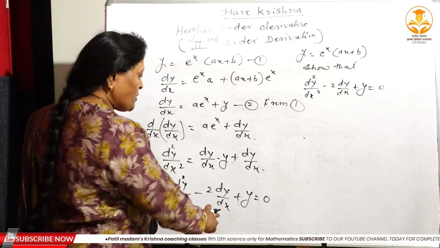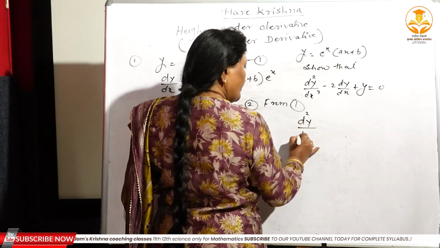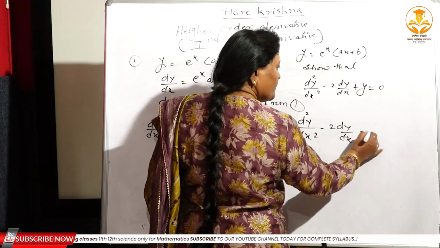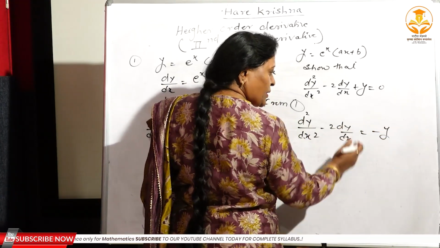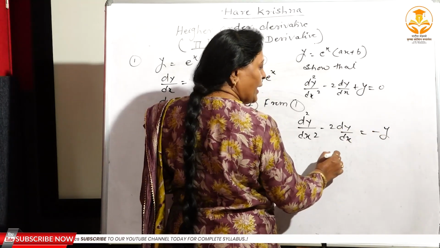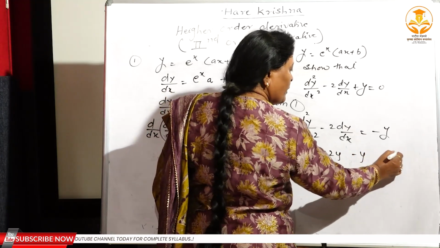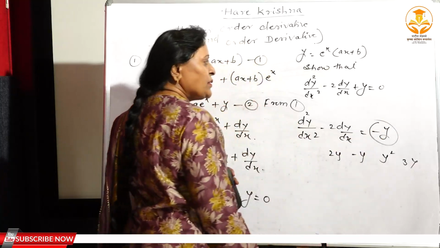In an MCQ also, suppose they ask, they write d2y divided by dx square minus 2 dy by dx, and here minus 1. This part they have given in the MCQ also, and the options they have given are 2y, minus y, y square, 3y, like this, and your option is minus 1.